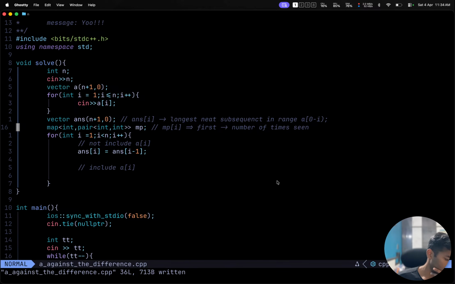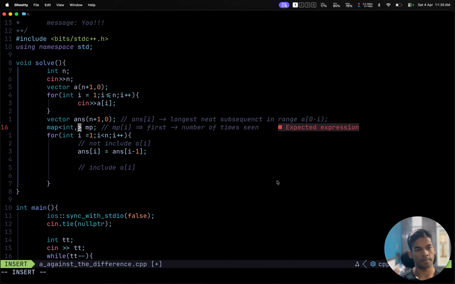A stack. Or a vector. mp i would be a list of indices where i has been seen. Good enough.